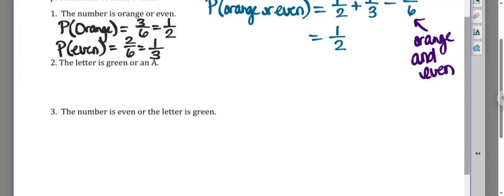So do the probability just like you normally would. Find the probability of green, or the probability of A, add the two together, and then identify, are there any that are green and A? Subtract that out.